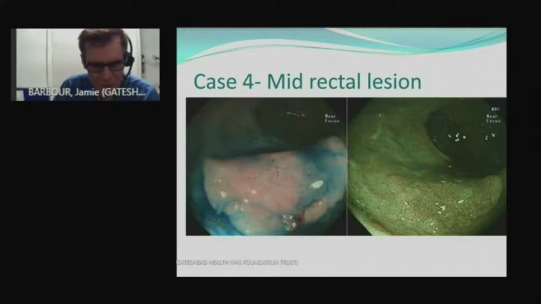But this is a bit more of a brain pattern on the edge here. And it's quite a flat lesion, and you could suggest that that's a 2C lesion, whether it's depressed in the center. And if it's 2C, obviously you'd be worried about cancer there.